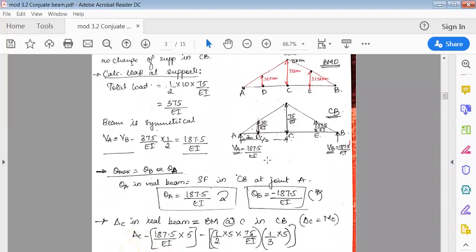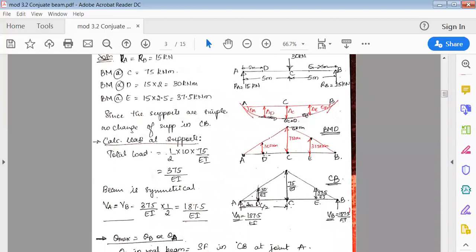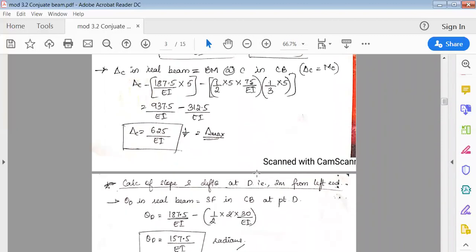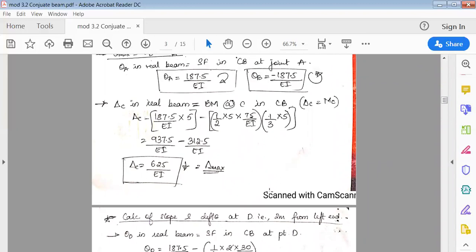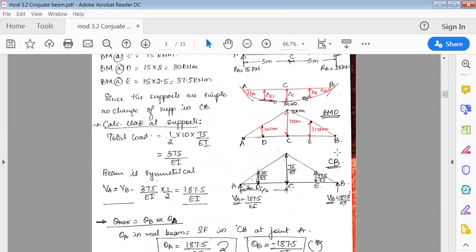Use the same formula: theta D in real beam is equal to shear force in conjugate beam at point D. Just check this in this conjugate beam diagram.